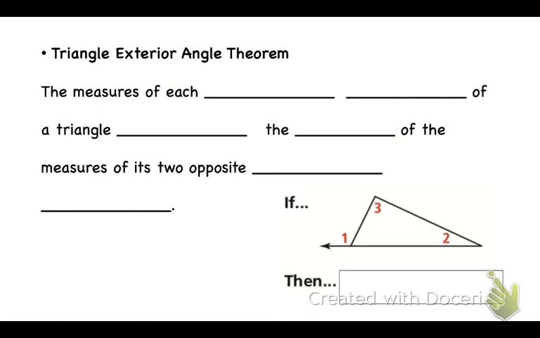Okay, triangle exterior angle theorem. So, exterior angle is the angle outside. It's this angle right here. Okay?